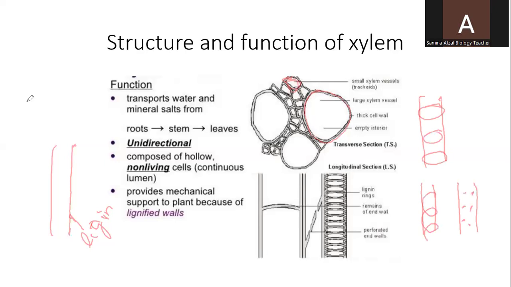So in this way, lignification takes place in the walls of the xylem, which helps to protect it from bursting due to the high osmotic pressure. So small xylem vessels or large xylem vessels, their function is to conduct the water from the soil towards the upper parts of the plants.